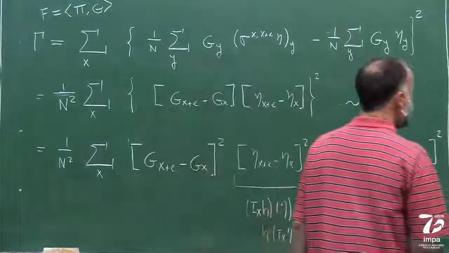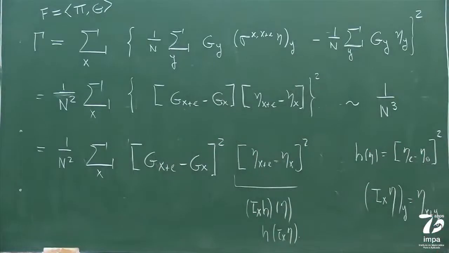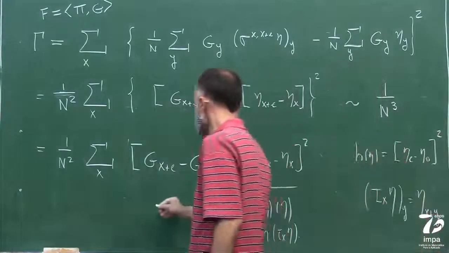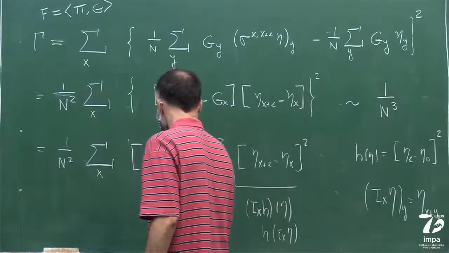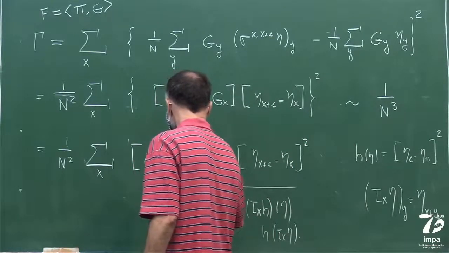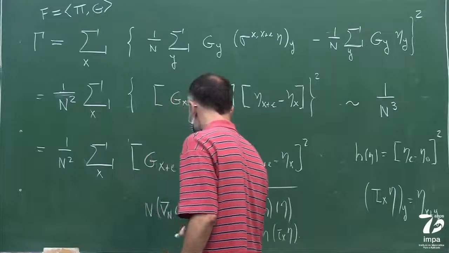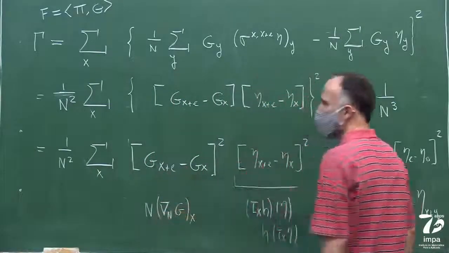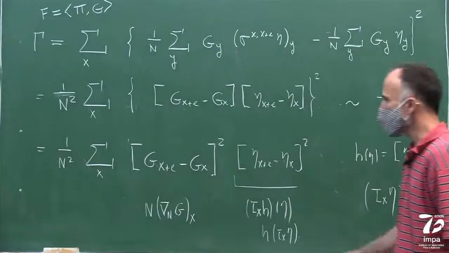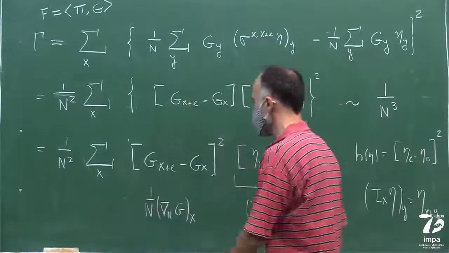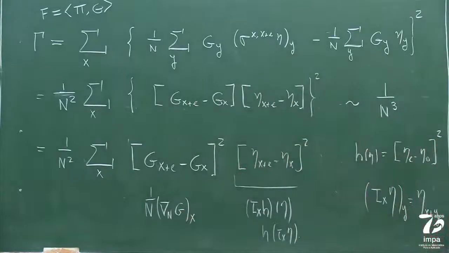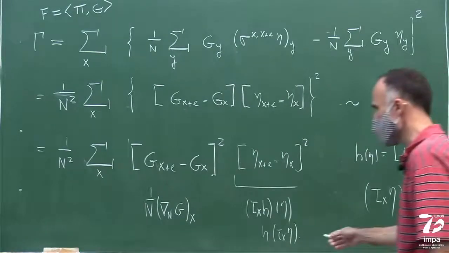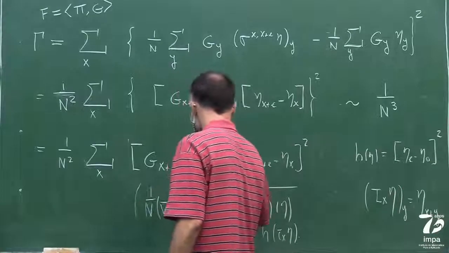We defined here the Laplacian, so let me define the gradient. This is n times the difference of a function g computed at x. So the gradient is this difference multiplied by n, sorry, the difference multiplied by n, so that this is of order 1. The gradient is by definition not the square of it, it's the difference, and so we have here the square.